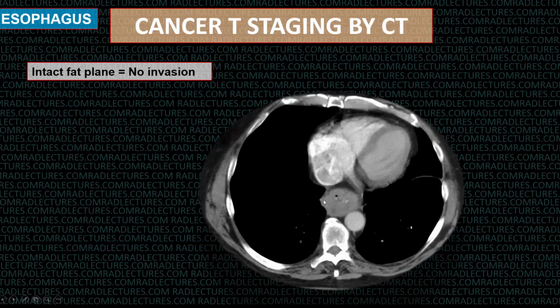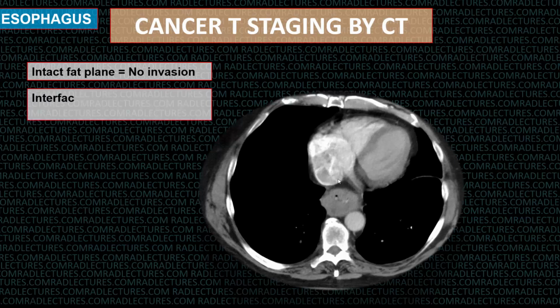So if there is an intact fat plane, like in this patient with an esophageal tumor, there's an intact fat plane here. So that means that the right atrium here is not involved, right? Now, if there is an interface irregularity, that means invasion. So there is interface of the tumor with the right mediastinal pleura. There is irregularity, so there is invasion.